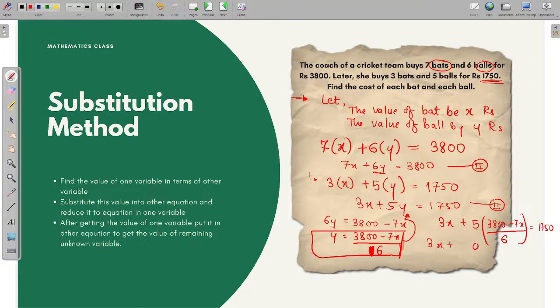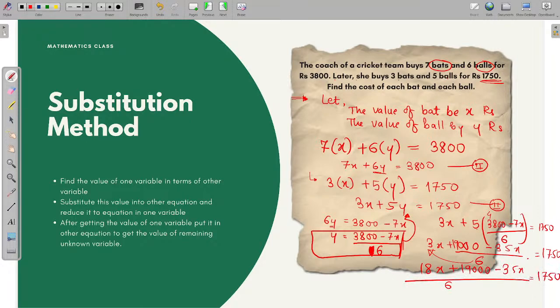Okay, 19,000, minus 5 into 7x, that will be 35x upon 6 equals to 1750. Now multiply with this 6, so it will be 18x plus 19,000 minus 35x upon 6 is equal to 1750.